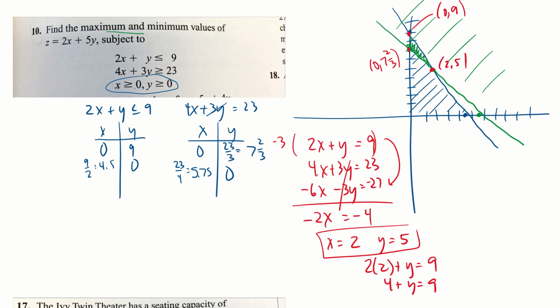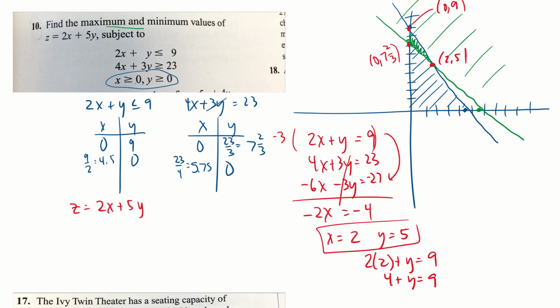Okay. So I want to find the max and min for z equals 2x plus 5y. And I've got the point 2, 5, 0, 9, and 0, 7 2/3, which is 7.67. So then what is z going to get me? So here z equals 2 times 2 is 4, plus 25 is 29.